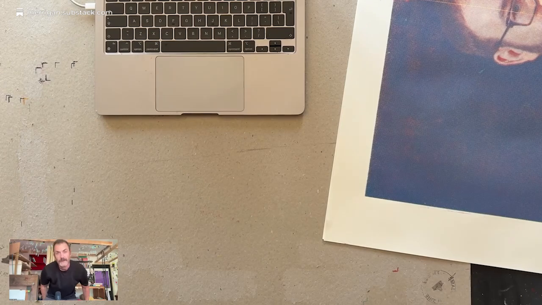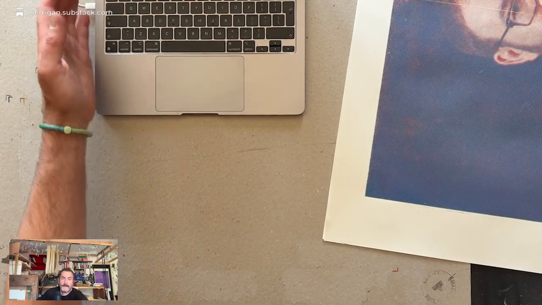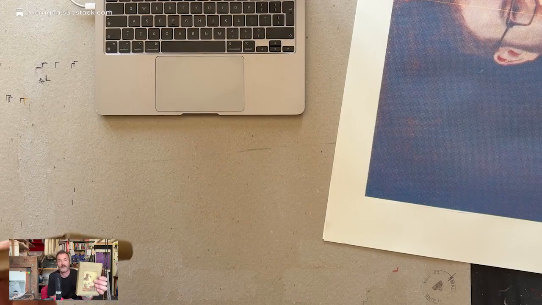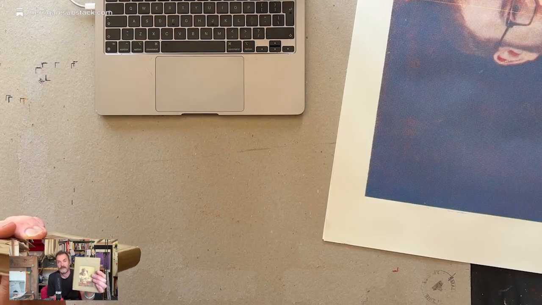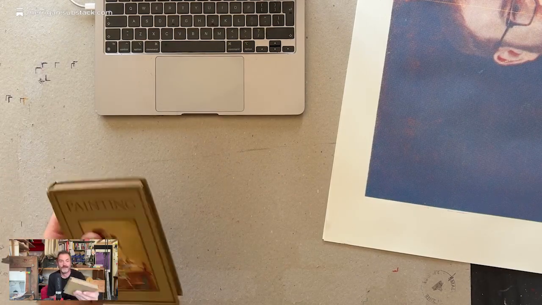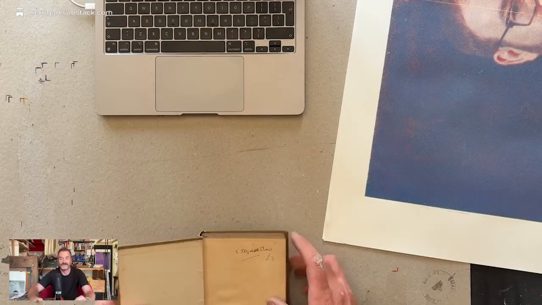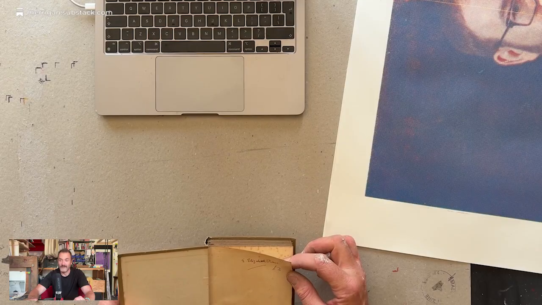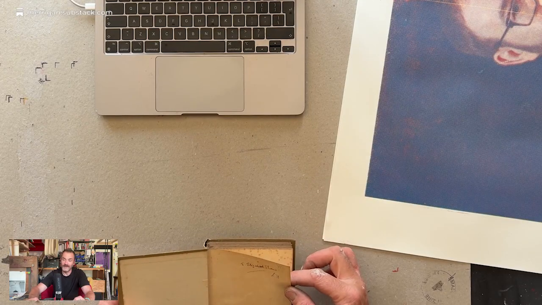So there's this book that my sister actually bought for me. Painting. It's one of those books that, I don't know, I think it might say, no, it doesn't say a year on it.